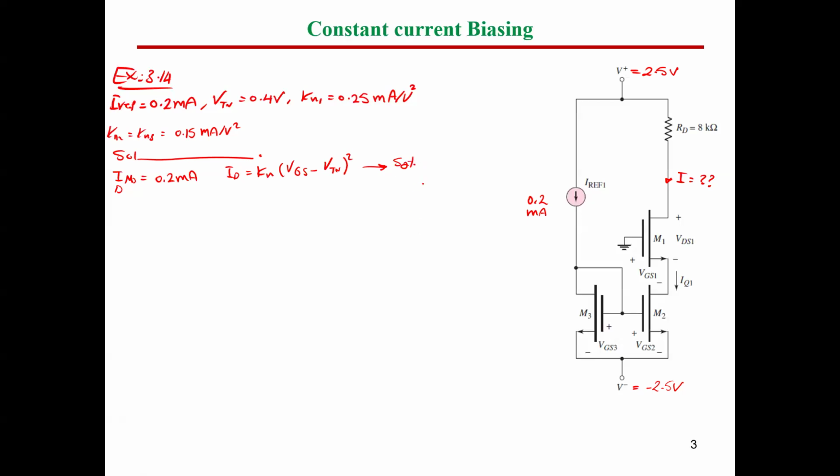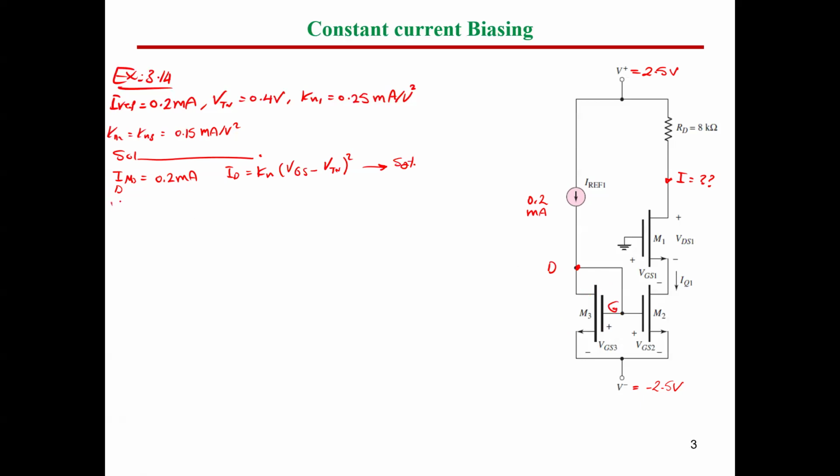Why do we start with the saturation here? Because as we mentioned in the previous class, since the gate and the drain are shorted together, this means VG equals VD, or we can say VGS equals VDS, since the drain point and the gate point are the same.